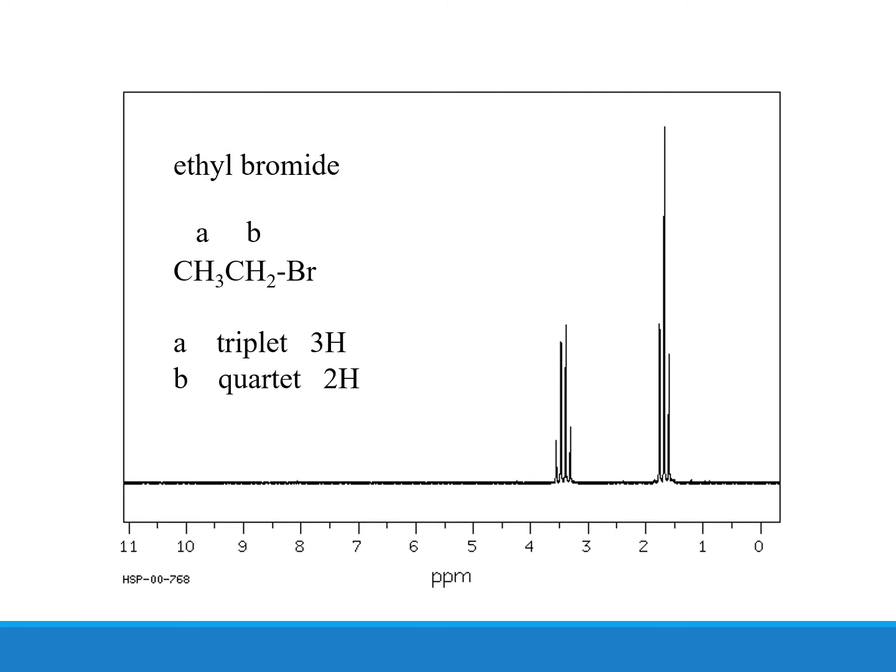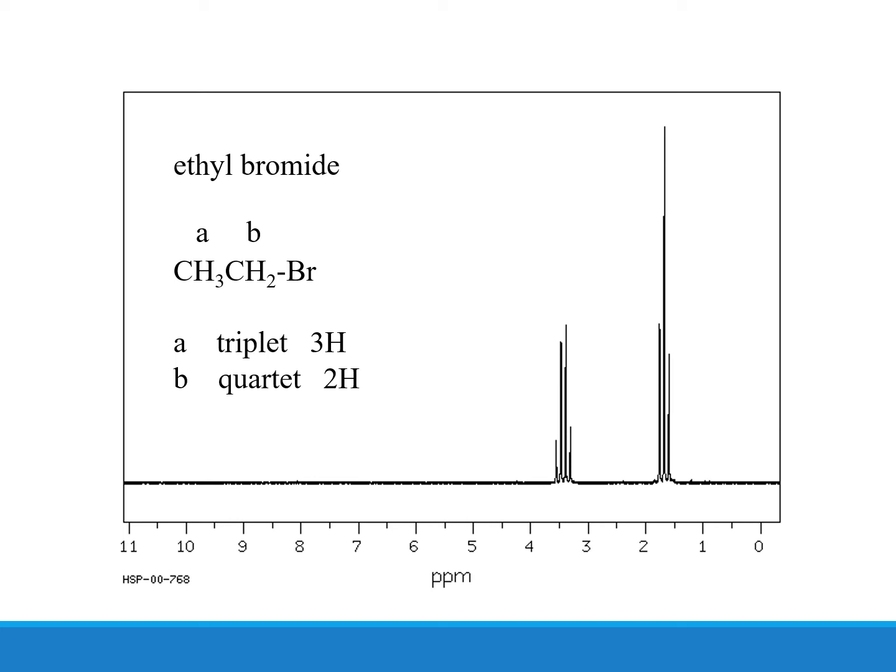Ethyl bromide has two kinds of protons with respect to the bromine, and it will have 2 prominent peaks. However, these neighboring hydrogens are 3 bonds from one another, and we expect a magnetic interaction between these 2 protons.